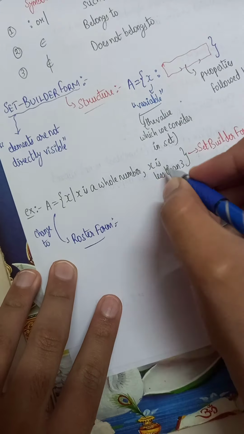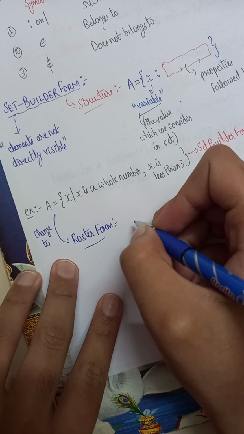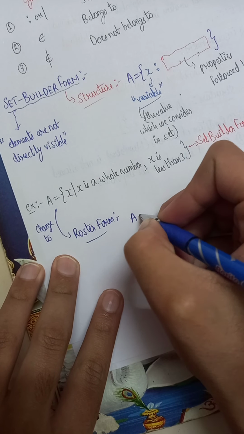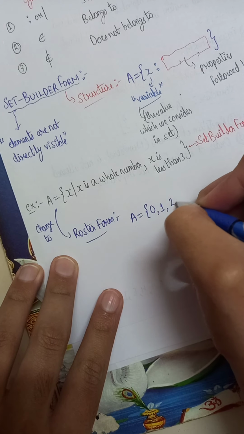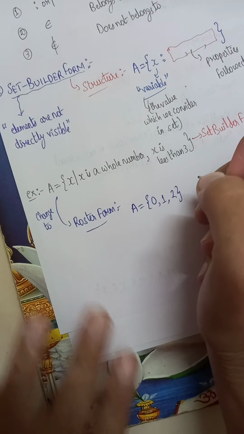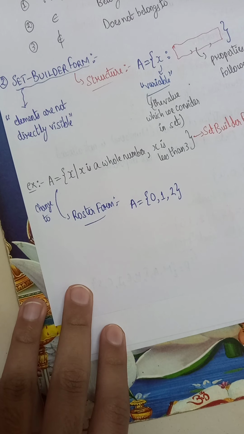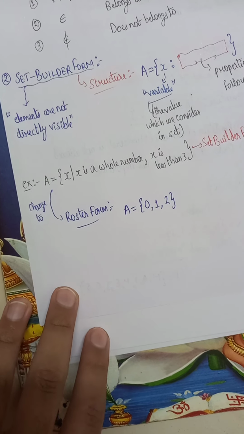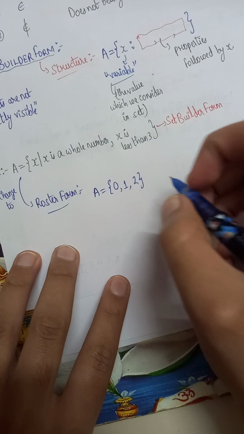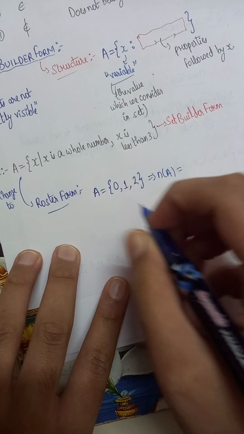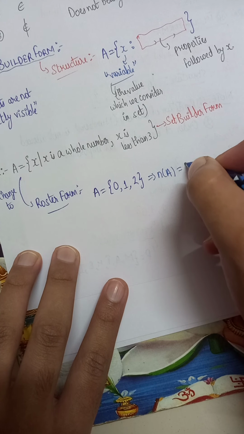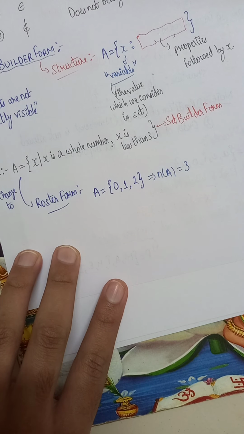Since X should be less than 3, A is equal to 0, 1, 2. That's the answer. And if I ask you the number of elements in A, you can tell that n of A is equal to 3, as there are 3 elements.